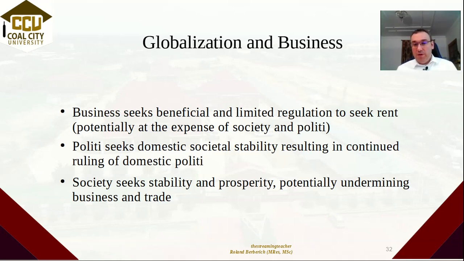We don't want to be poor. And our desire in these things is potentially undermining business and trade, because business has no interest in us other than we give them money, and trade can undermine our position, our societal stability, our outlook at prosperity, and that is why there is a balance between politics, society, and business, or there should be.